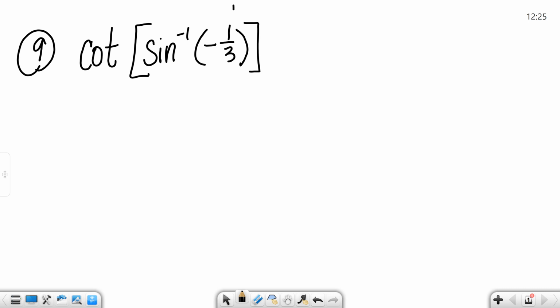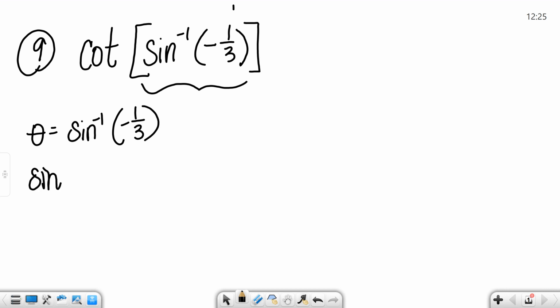I told you when the inverse properties don't work, let's take this stuff in parentheses, in this case brackets, and let's just do that first. So theta is the inverse sine of negative 1/3, which means the sine of theta is negative 1/3.